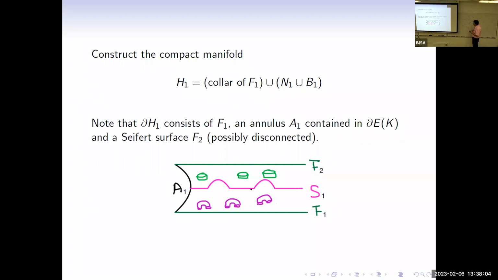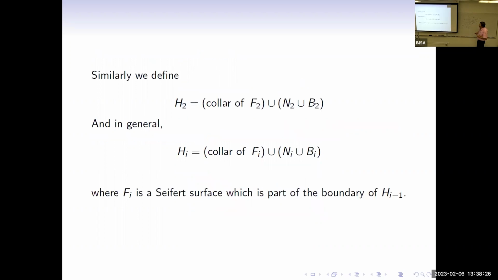So suppose from a surface S1 we add 1-handles and then we get a surface like F1, and then we put 2-handles and we get a surface F2. So at the end we do the same.